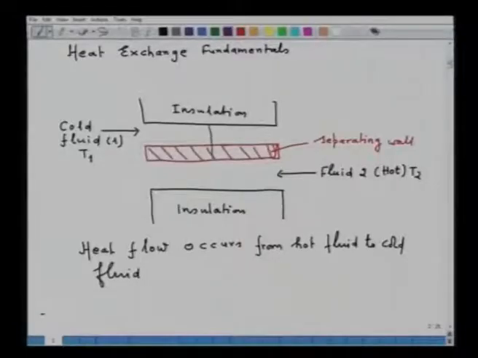Now, as the fluids flow in both directions, the temperature varies from one place to another throughout the exchanger. So, let us first consider the process in an infinitesimal element of length, for example, dx. Let us consider a very small length of the heat exchanger, represented by its thickness dx.